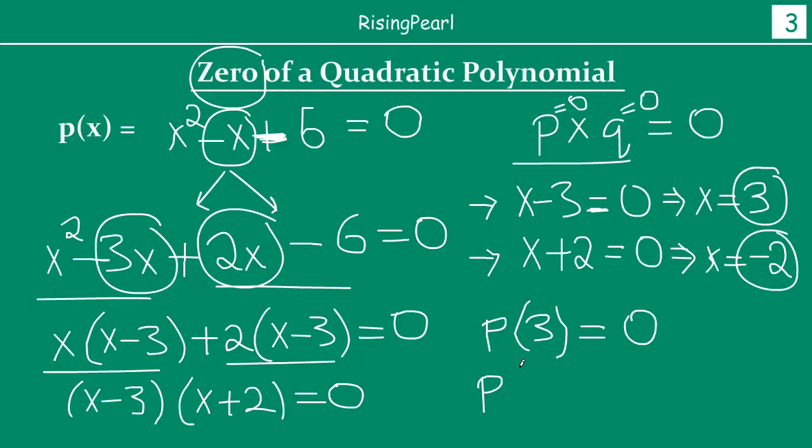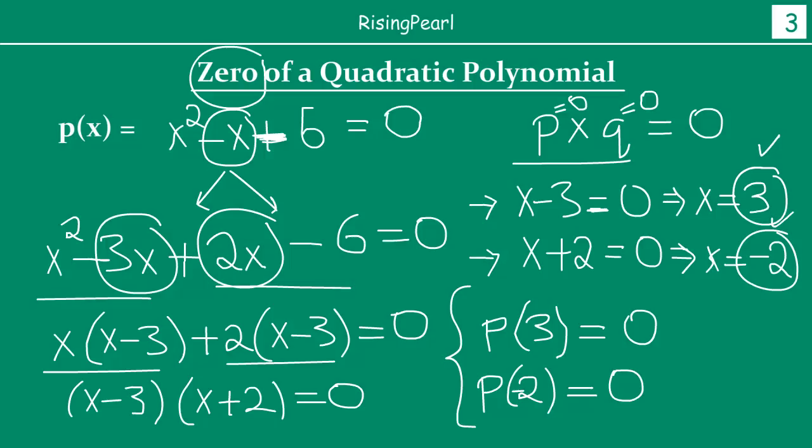Similarly, if you find the value of the polynomial at x equal to minus 2, you will still get 0. So for both x equal to 3 and x equal to minus 2, the polynomial is 0. So both of them are zeros of this quadratic polynomial.